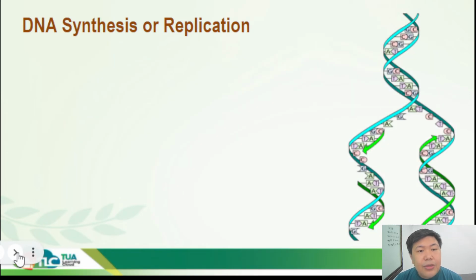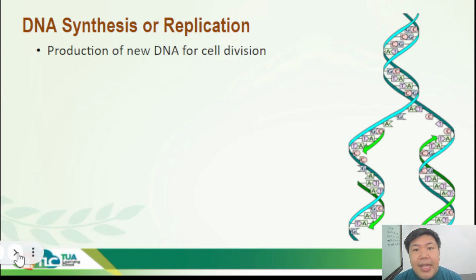So now let's go to the central dogma proper. We'll talk about DNA synthesis or replication first. When we say DNA synthesis, it is the production of new DNA essential for cell division. And this happens in what phase of the cell cycle? S phase, okay? So DNA synthesis or DNA replication occurs in the S phase.